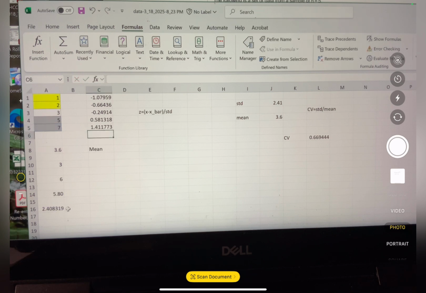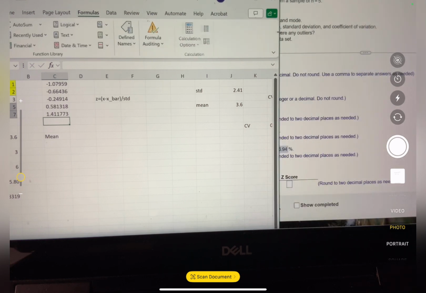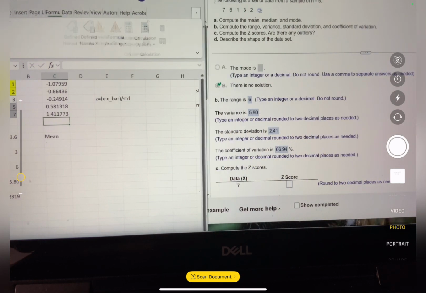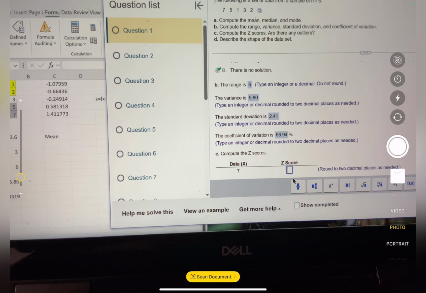Okay, so let's enter all this information we got into our cases. And what do we have? For 7 we have how many decimals? 2 decimals. Okay, it's going to be 1.41. Enter.